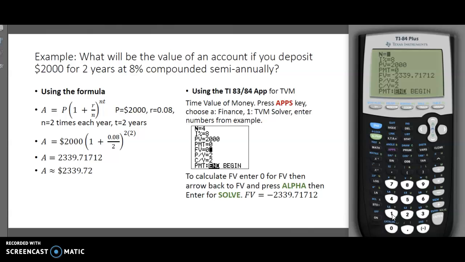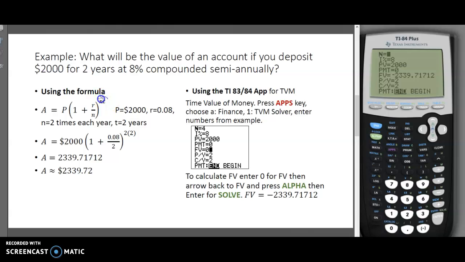N is the number of times that you're going to get money into this account, and that is found from our exponent. We multiply N times T, and that gives us the number for N that we use in our application here.